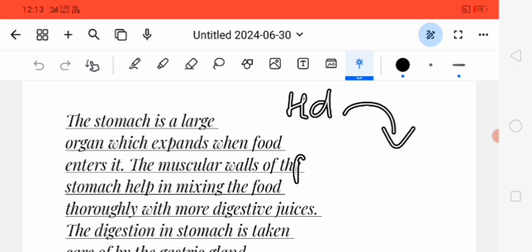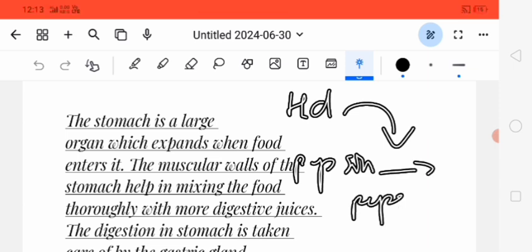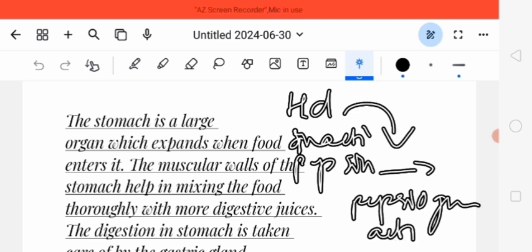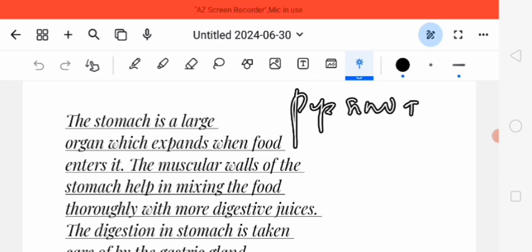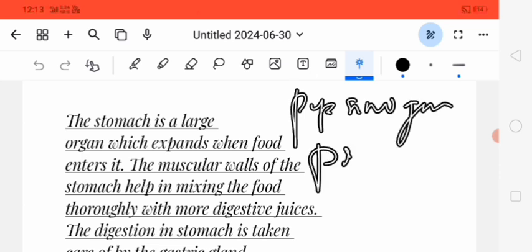HCl converts pepsin, who is not good because she is inactive, to pepsinogen, who is active. HCl converts inactive pepsin to active pepsinogen. Remember, this pepsinogen helps in the digestion of protein in the stomach.